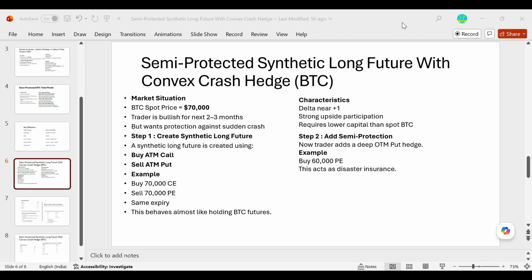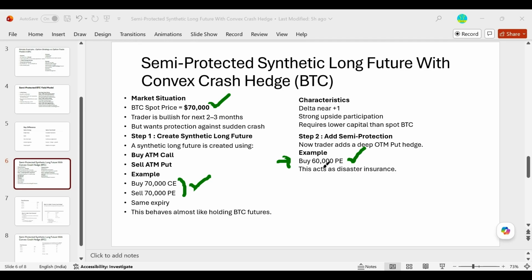So how will we make it semi-protected? We have a downside risk. I have told you that after initiating this strategy, if there is a steep fall, we will have a bigger problem because the put will be losing and the call will also be losing. So in that process, if you add one OTM put option, say a 60K put option, do remember I am using BTC at 70,000 as the spot.